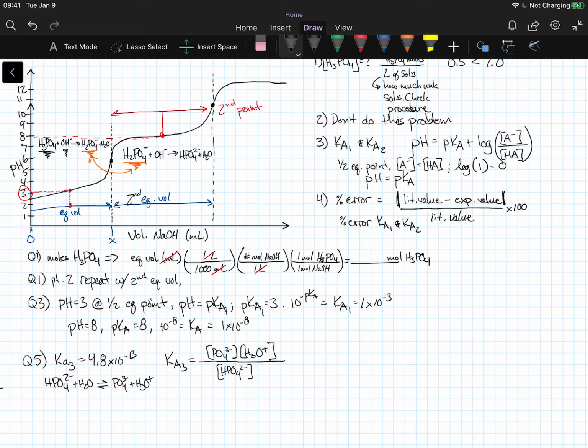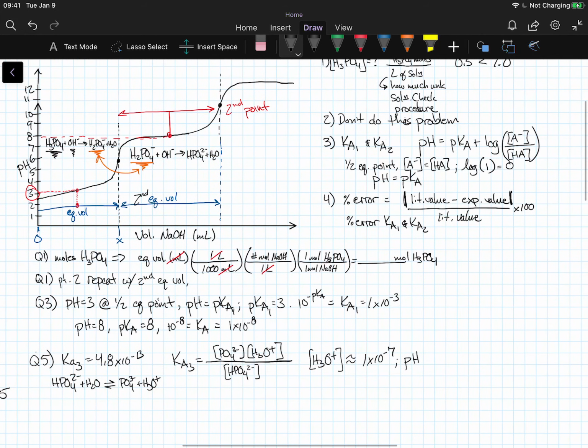If we do a quick calculation with the ICE table, we'd see the H3O+ based on the Ka value of 4.8 times 10 to the negative 13, the concentration of H3O+ would be somewhere around 1 times 10 to the negative 7th, which is about the same as the autoionization of water. So the reason we can't see it is that it's comparable to the autoionization of water, and the pH probe simply can't see that difference.